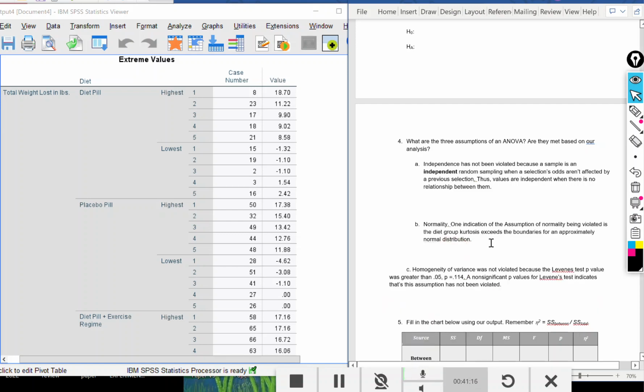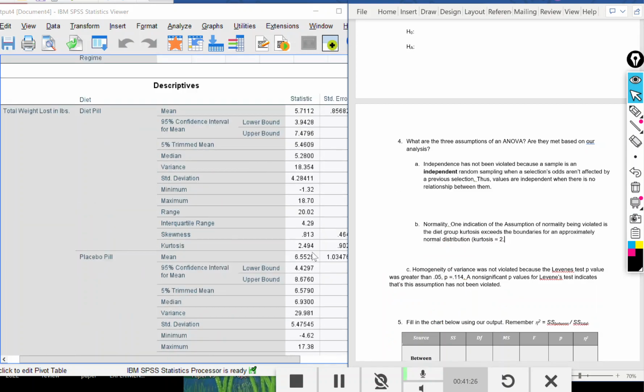All right, so in that case, maybe you can just give the value. So kurtosis equals 2.4 in that. I think that's what it was. We'll say 2.5.